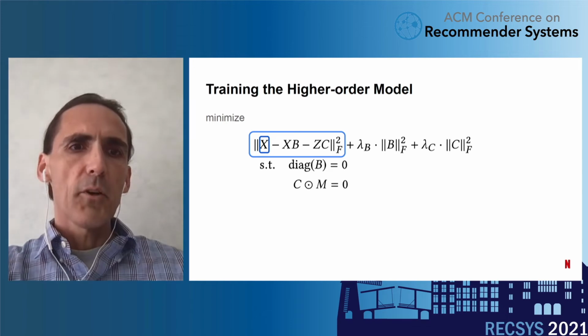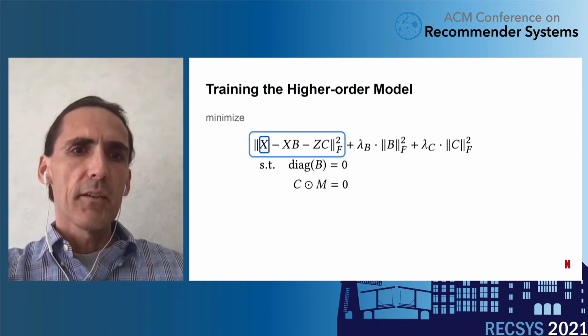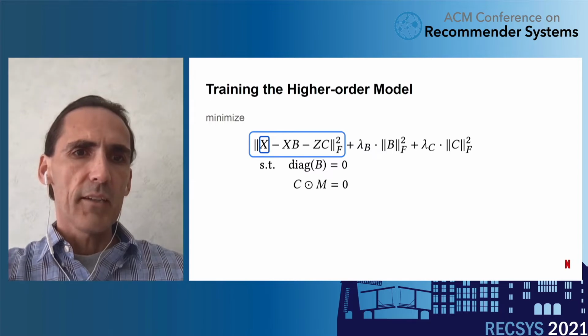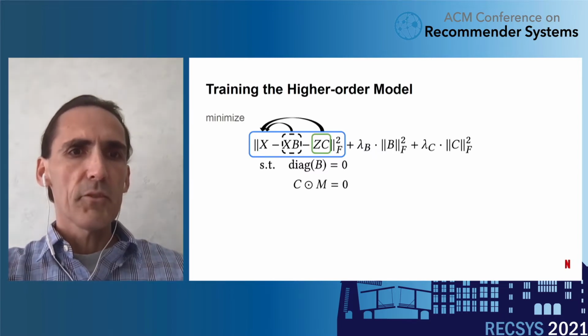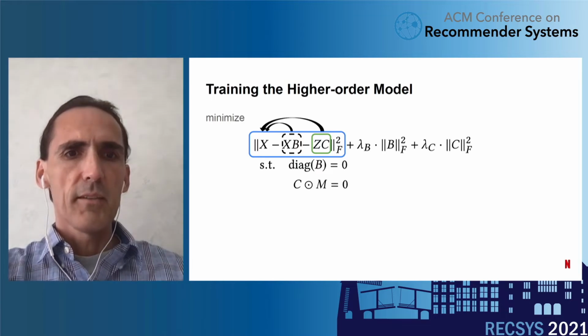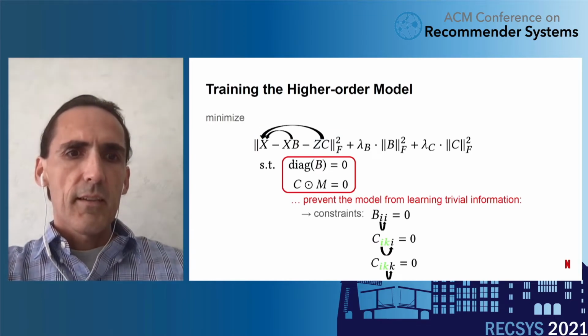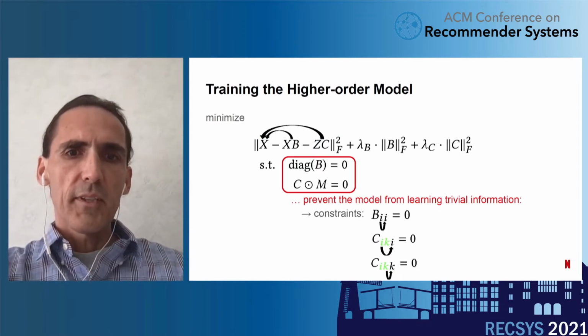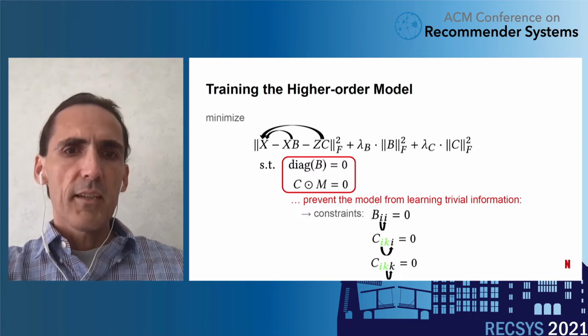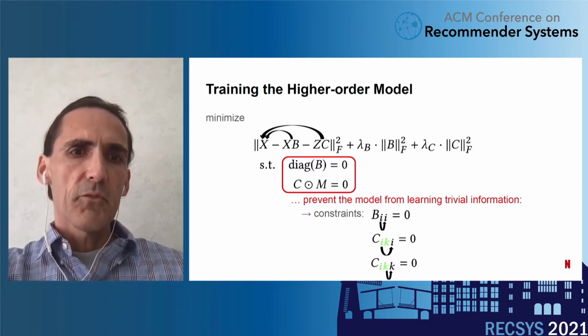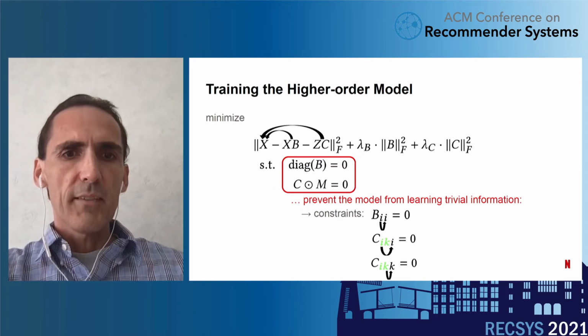We trained this model by minimizing the squared error, where we use the given user-item interaction matrix X as our target, which has to be predicted by the pairwise and the triplet component of our model. To prevent our model from learning trivial information, like predicting an item from itself, we have to impose a couple of constraints for the pairwise and for the triplet component.